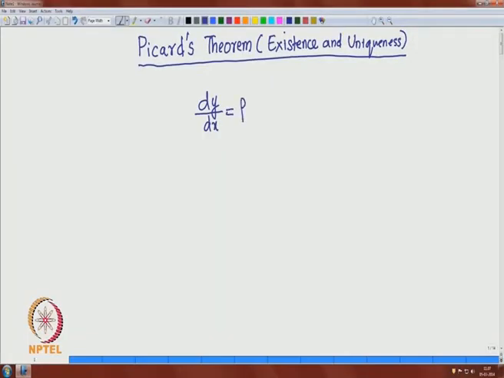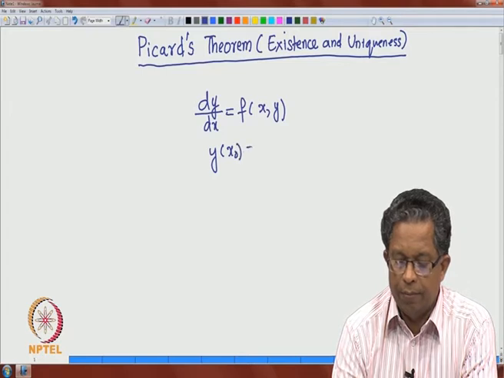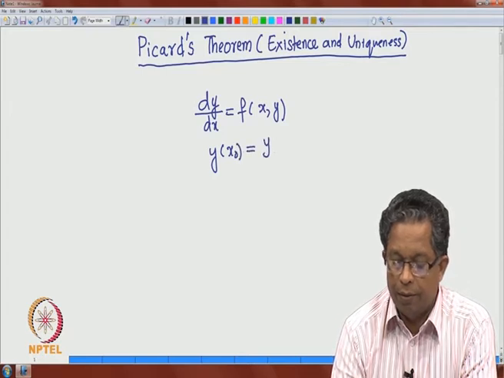So, we deal with the initial value problem dy by dx is equal to f of x y, and the initial condition is y at x 0 is y 0.